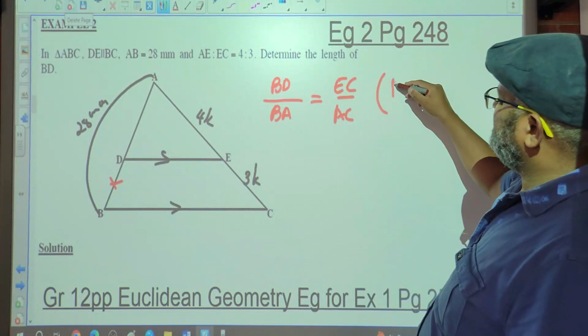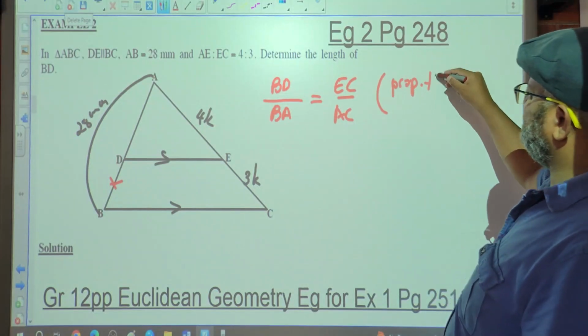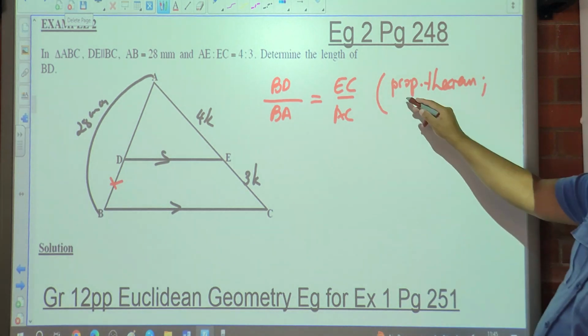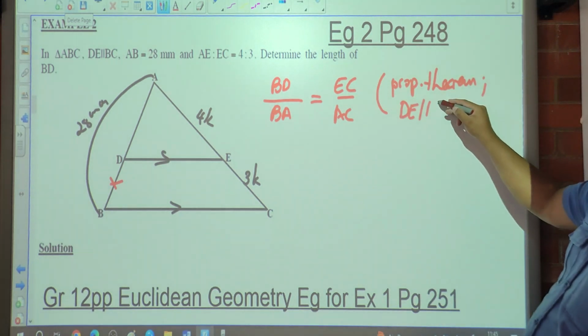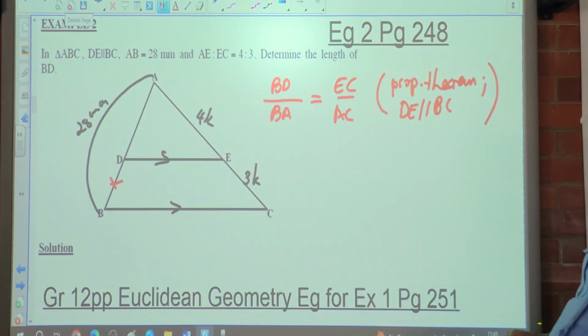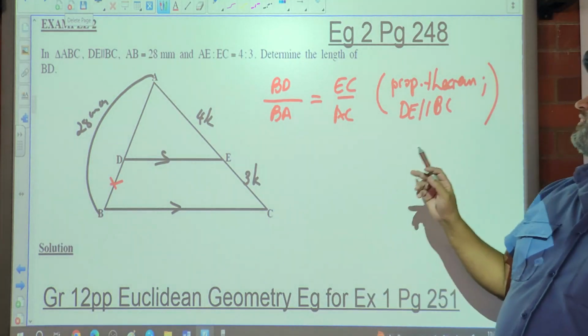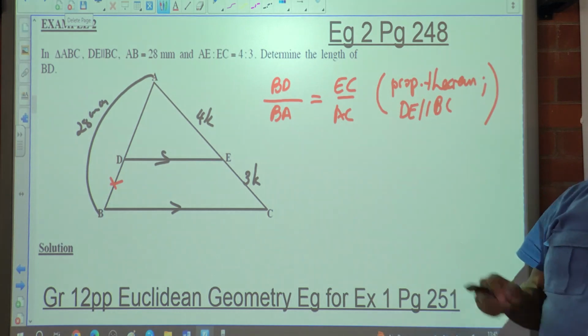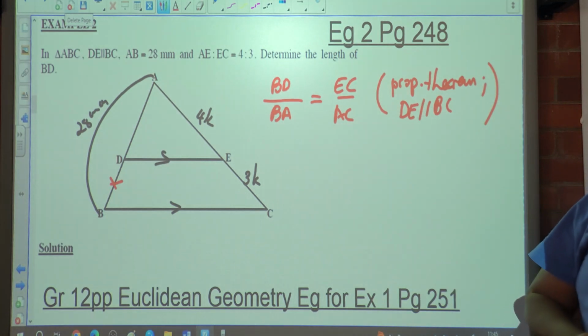Why? The proportionality theorem, with DE being parallel to BC. Now, for my reason, I could have left the prop theorem out, but I have to write the lines that are parallel. Okay, so that is a must.